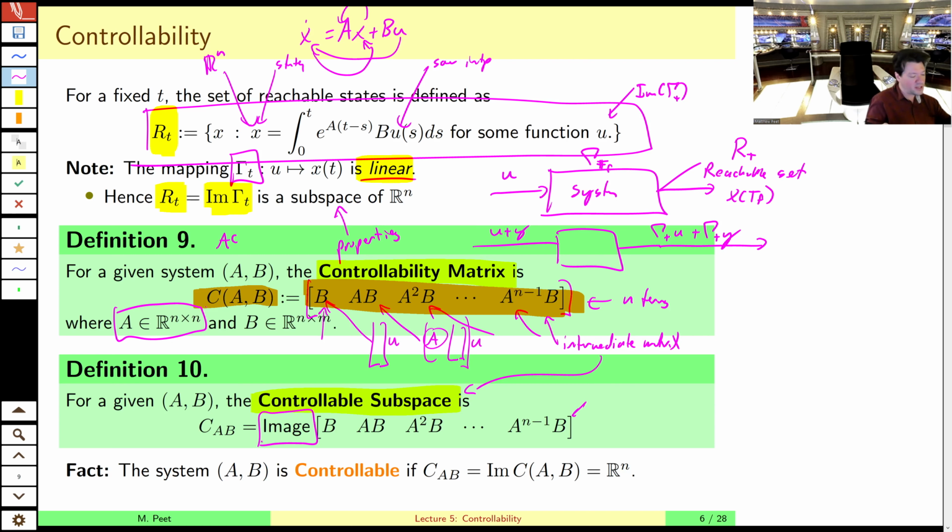So on the previous slide, we defined a subspace, x equals CA B U. It's a set of x's which you can reach through this matrix, and this is a subspace defined by the matrix.